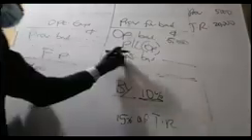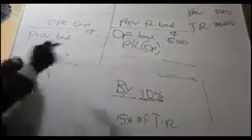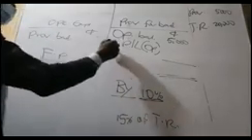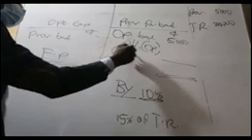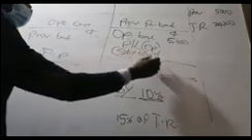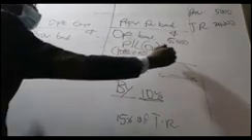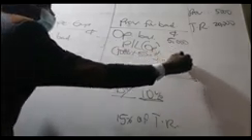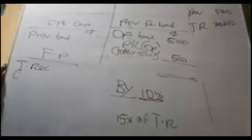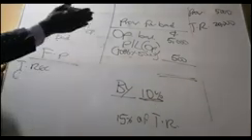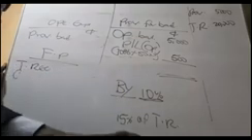10% of 5,000 will give us 500. And once they say it must be reduced, we subtract it.